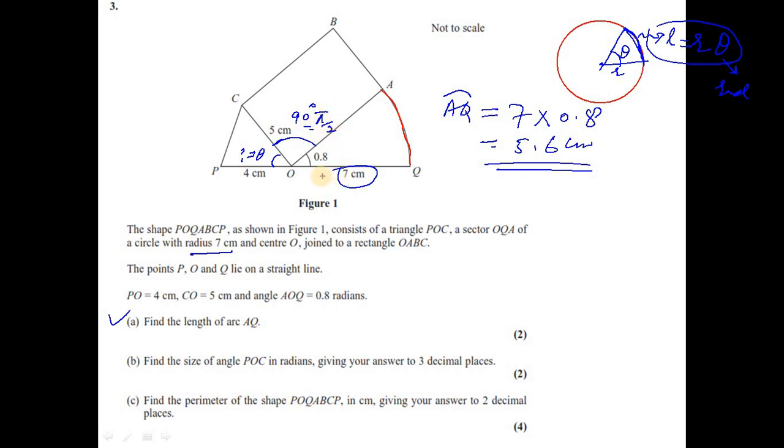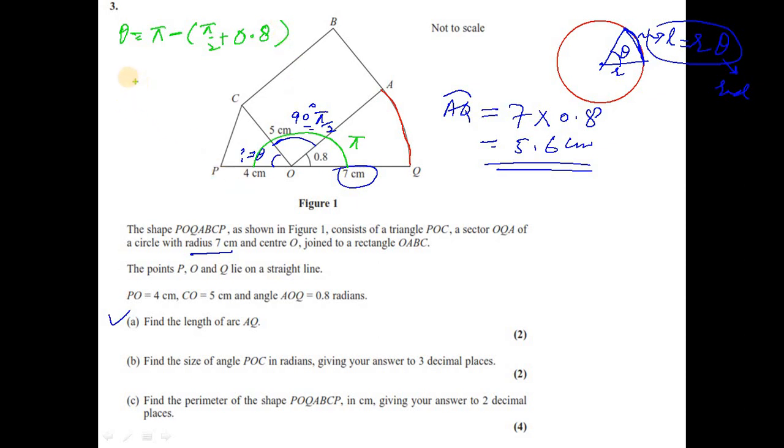And you know that the total angle of a line in terms of radian is pi. So you can easily figure out theta as theta is equal to, from pi you will have to subtract pi by 2 plus 0.8.